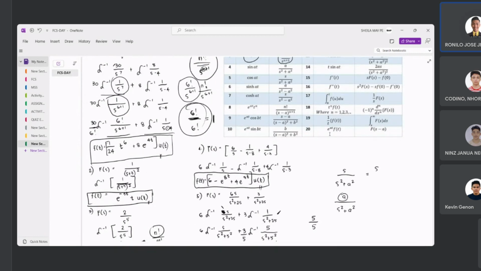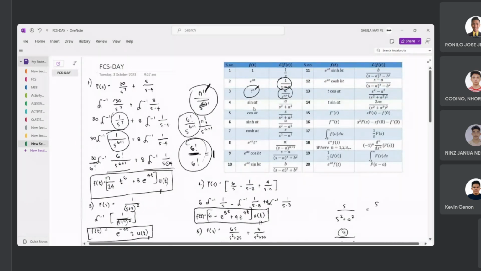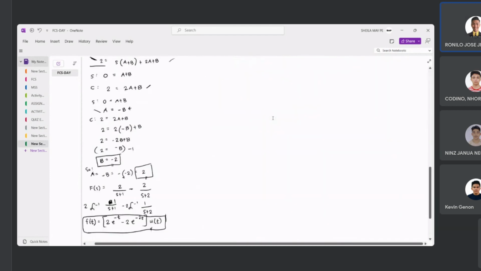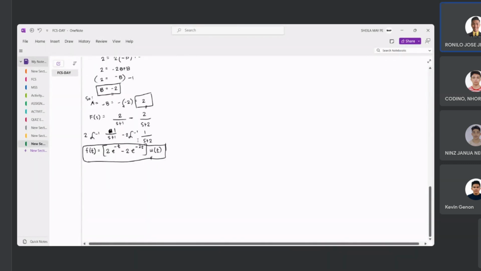Yes. For example, for sine at, ang iyang formula is a over s squared plus a squared. Sa last example, miss. Kani? Sa fraction sa babaw.